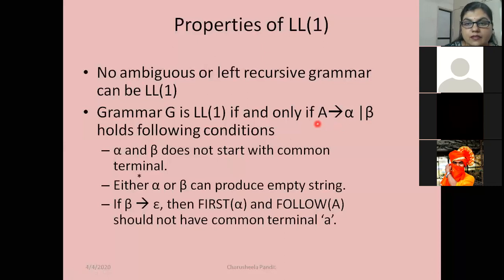So in the A row and terminal a column, what production will you put, A produces alpha or A produces beta? There will be a problem, no? If you had left factored the grammar, you would not have this problem.